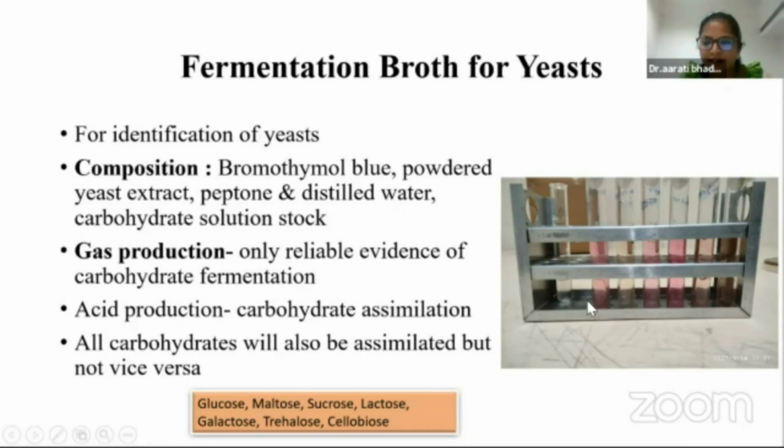And if it changes the color from pink to yellow, then it indicates the acid production, which indicates carbohydrate assimilation. Even if only gas is produced, then the sugar is fermented. Like this we should read. And if acid production is there, carbohydrate assimilation is also there. So all fermented carbohydrates will also be assimilated, but not vice versa.